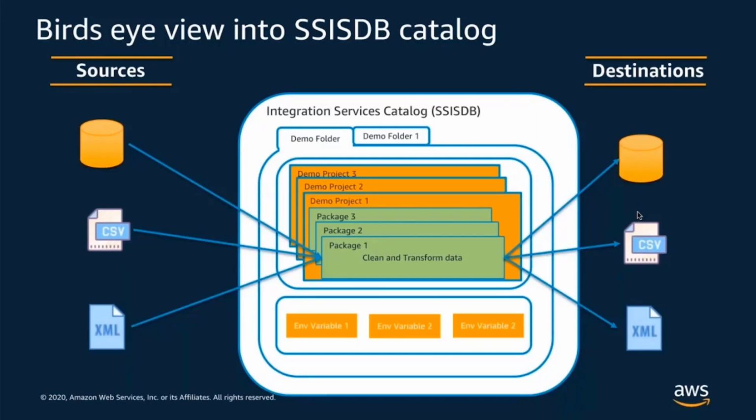It can have multiple different folders inside it, as you can see here. Each folder can have multiple projects and environment variables in it. Each project can have multiple packages in it. And each package is defined by the customers and configured on how the data is ingested. The data is then cleaned and transformed into destination databases or files.